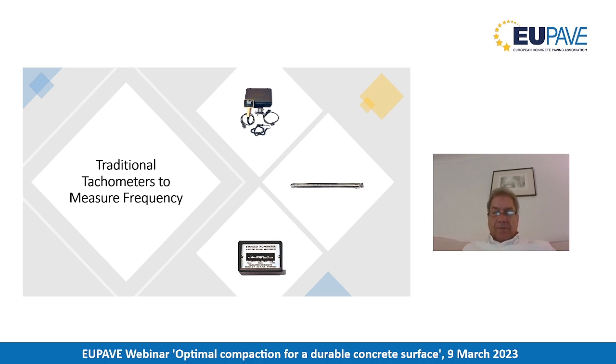The one at the bottom is the reed tachometer. It's the middle of the road and has been a standard in the industry for many years. And at the very top, we've got the digital tachometer, most expensive, but the most accurate. It can also be used for testing the Auto-Vib sensors.